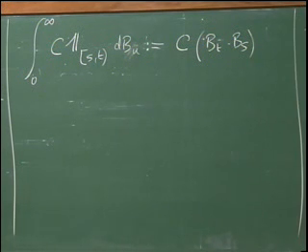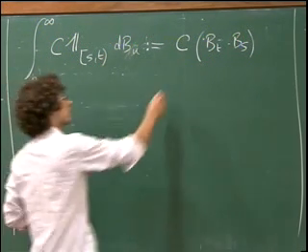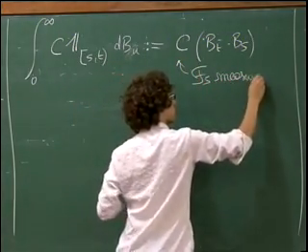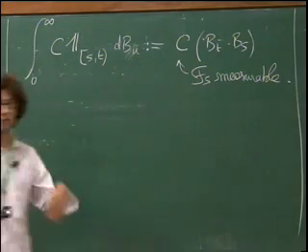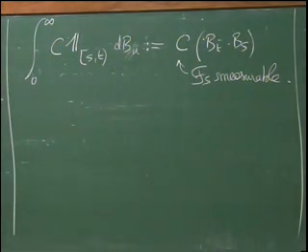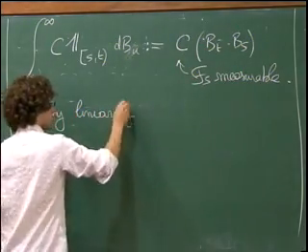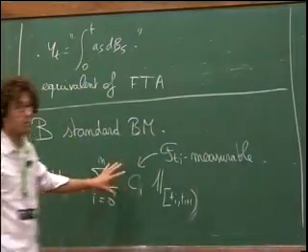Yes, because it's F_t measurable. In this case, F_s measurable. So that's a random variable. So you define it by linearity, and you get the definition for any step process, like simple process.